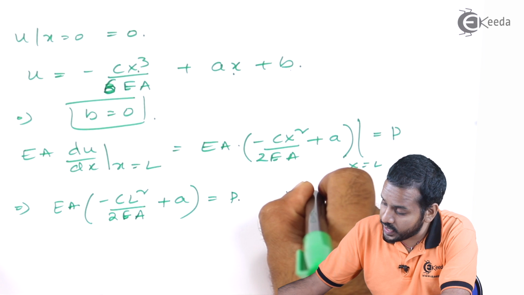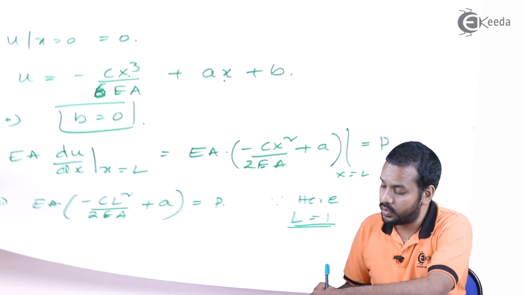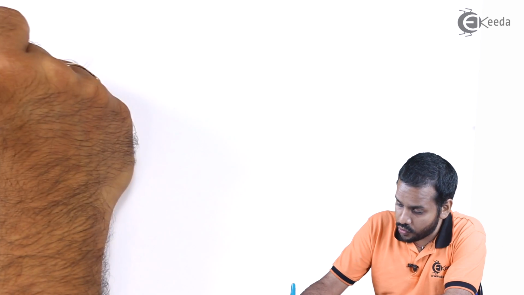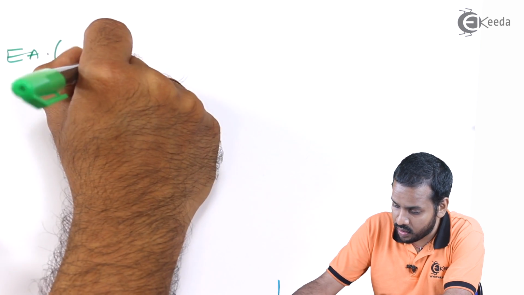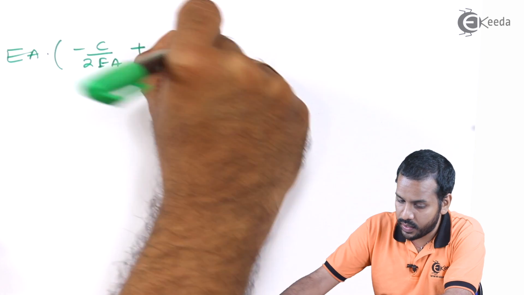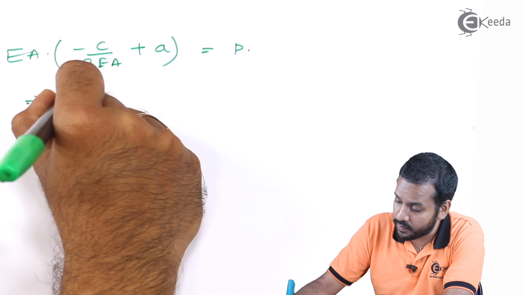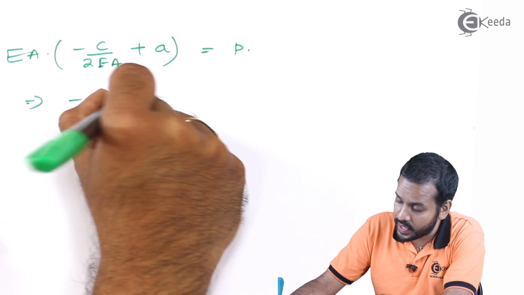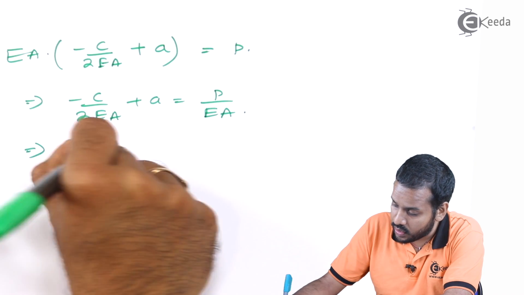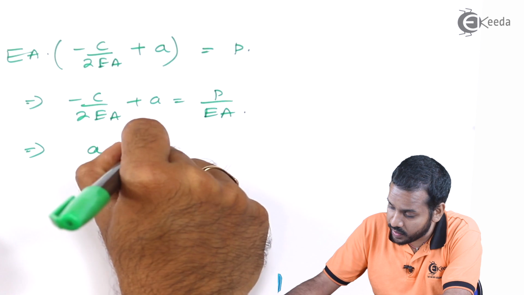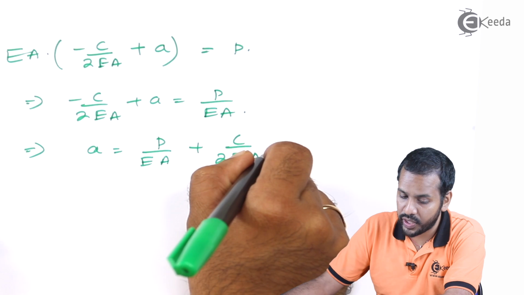Since L equal to 1 unit, it is EA into minus C by 2EA plus A equal to P. That implies minus C by 2EA plus A is P by EA. That implies A is P by EA plus C by 2EA.